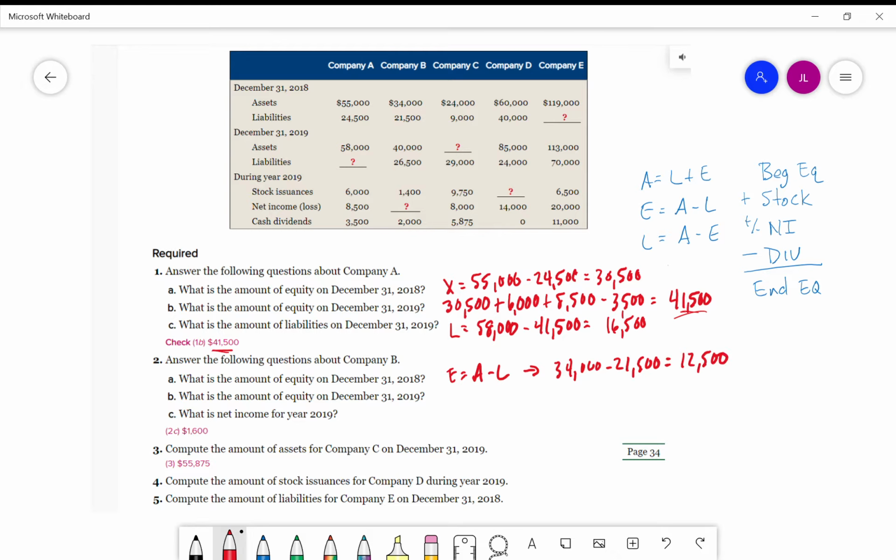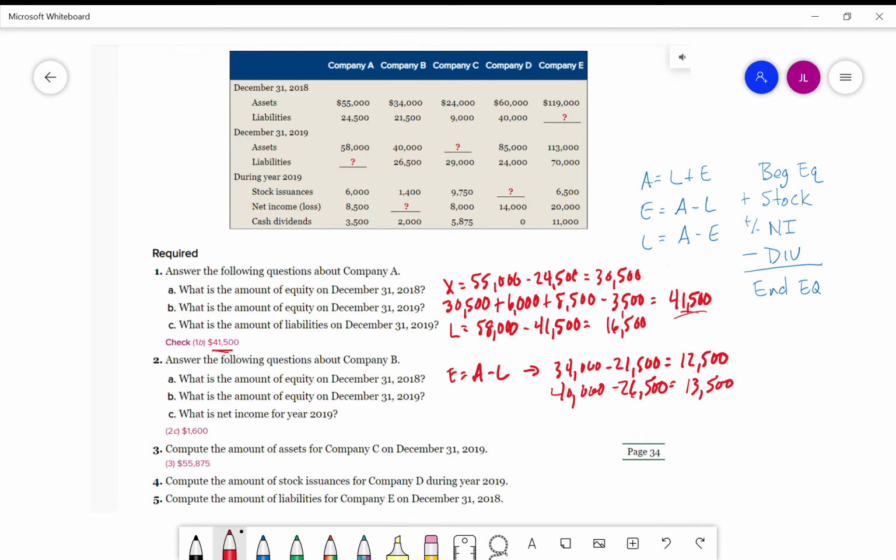For the next year, December 31st, they give us assets and liabilities as well, so it's 40,000 minus 26,500, which is 13,500 here, I think. Yep.